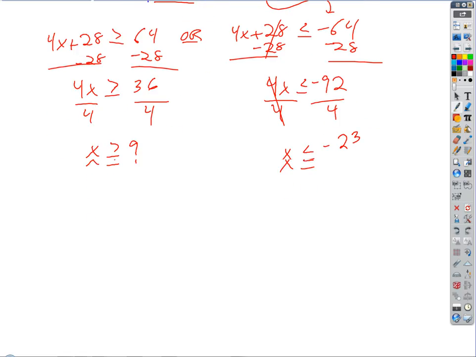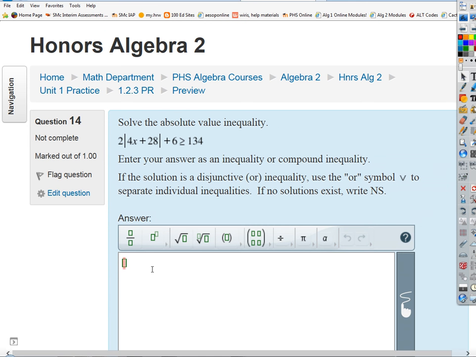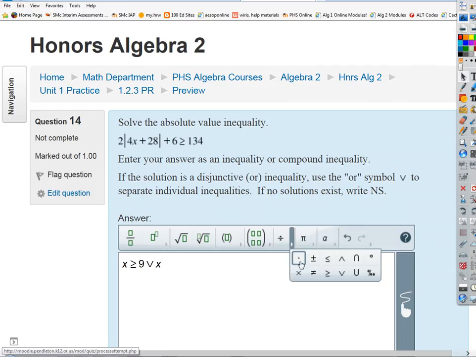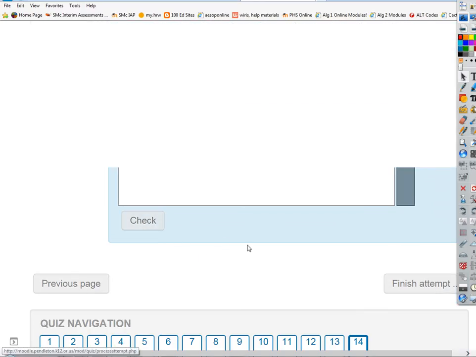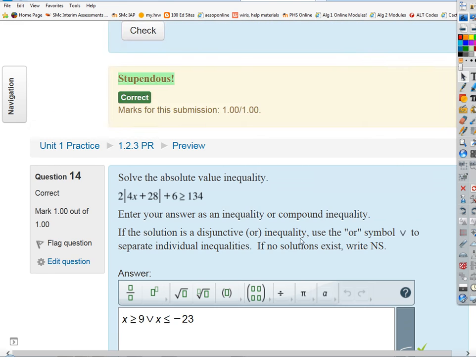So x is greater than or equal to 9, or x is less than or equal to negative 23. Okay, and we got it. And that's it.